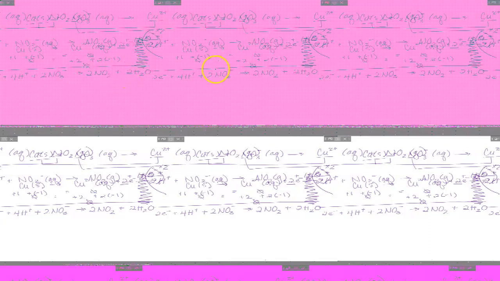And then on this side, I have 4 and 4. Do I need to balance it? No. Okay. Now we balance hydrogen with hydrogen ions. Same steps. So I'm going to add 2H plus here for the 2 hydrogens I have here. And then I have 4 hydrogens here, so I'm going to add 4H plus here.